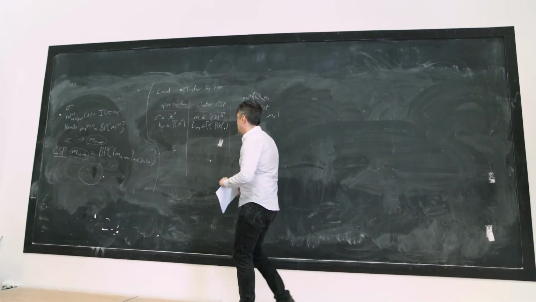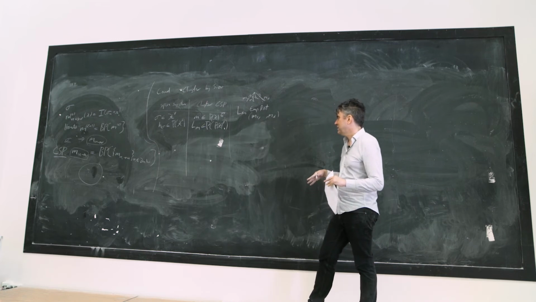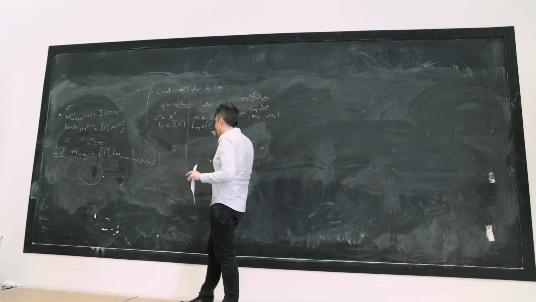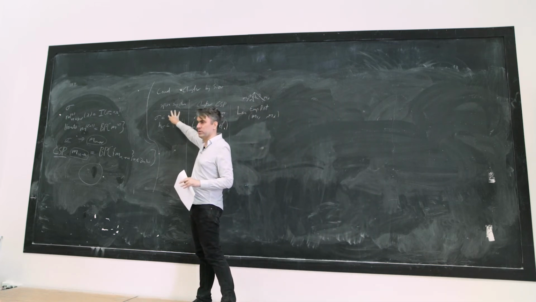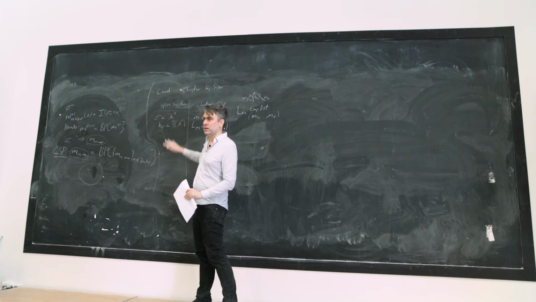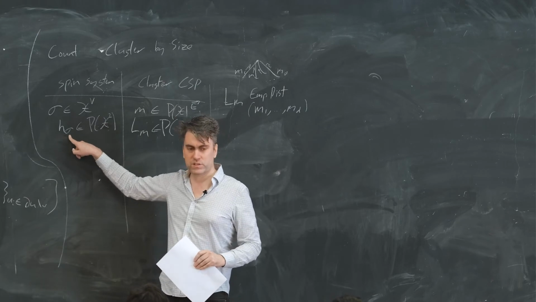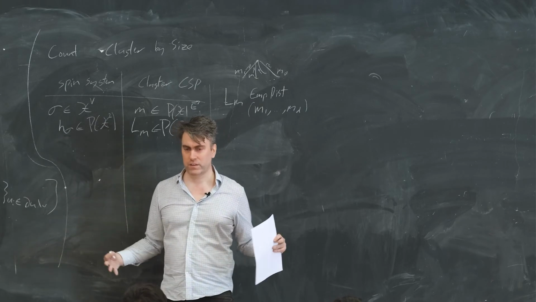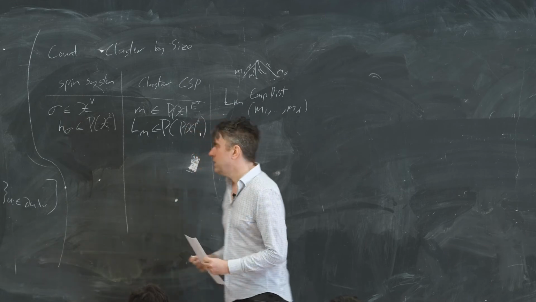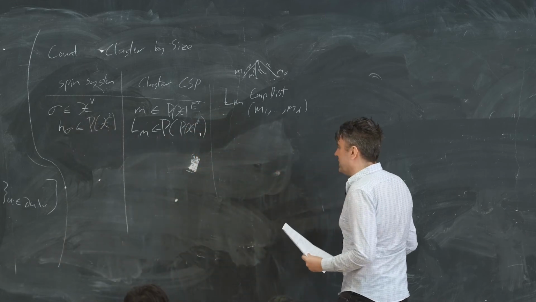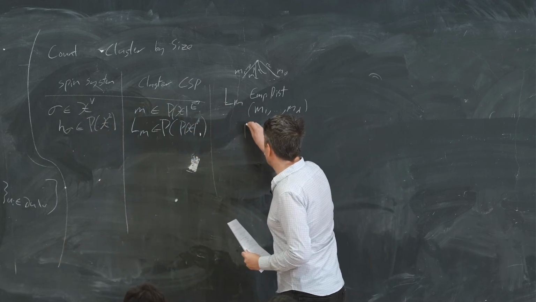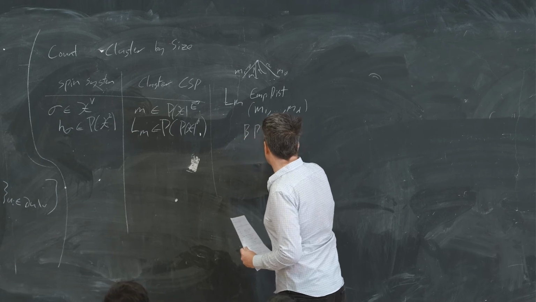Okay. So how did we proceed to work out the moments of the numbers of solutions of a spin system? We went over all the empirical distributions and found out which one gave us the biggest contribution. And in order to do that, we solved the BP equations.